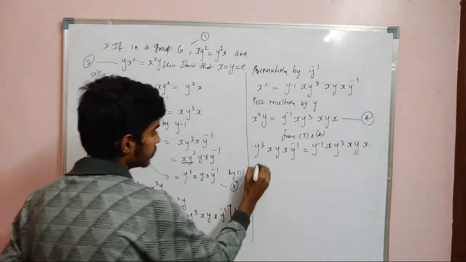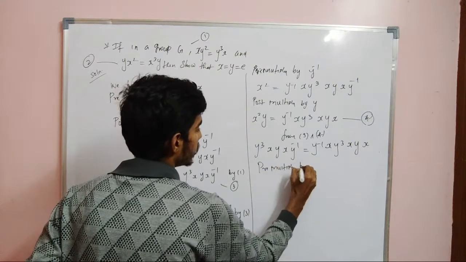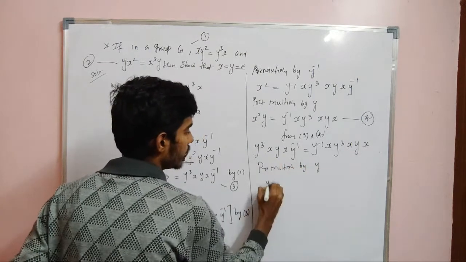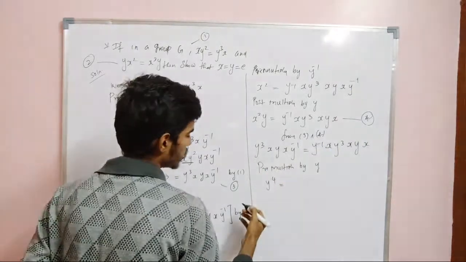Pre-multiply by y. So this will be y power 4. I should not cancel like this straight away, so that's why I am doing it like this.